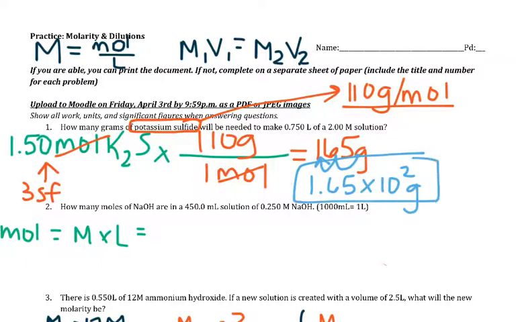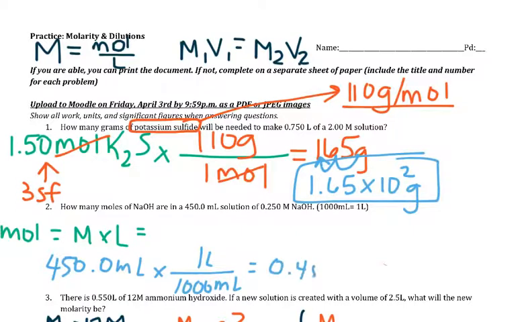So for number 2, before you start, notice that your volume is in milliliters, so you're going to need to set up that conversion and get that into liters. So you should get 0.45 liters there. And now you can just take this number and apply it using that equation.